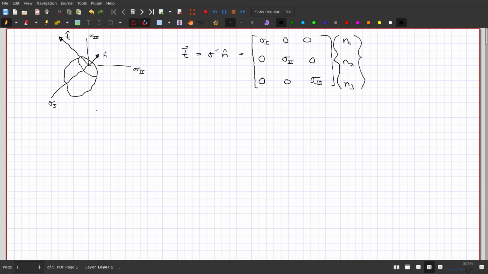So these are the components, right? And so if we work that out, the traction vector is a vector: sigma 1 n1, sigma 2 n2, sigma 3 n3.